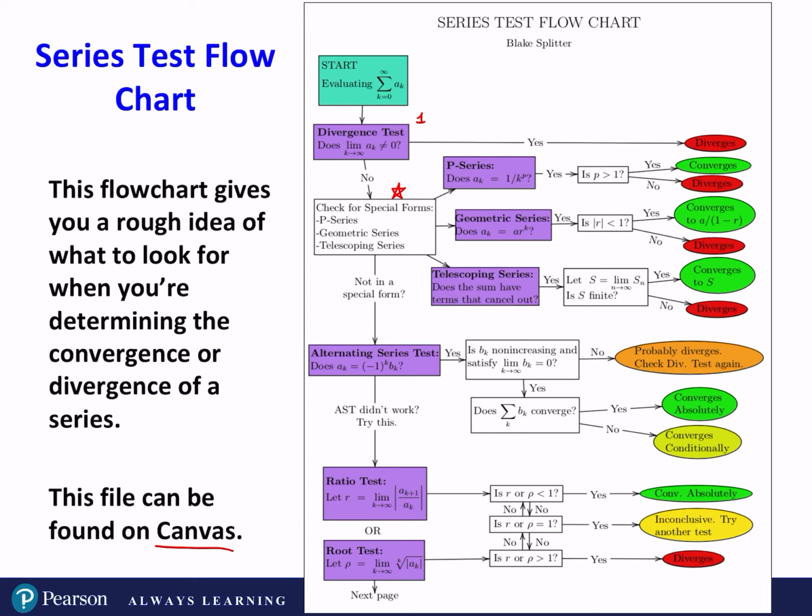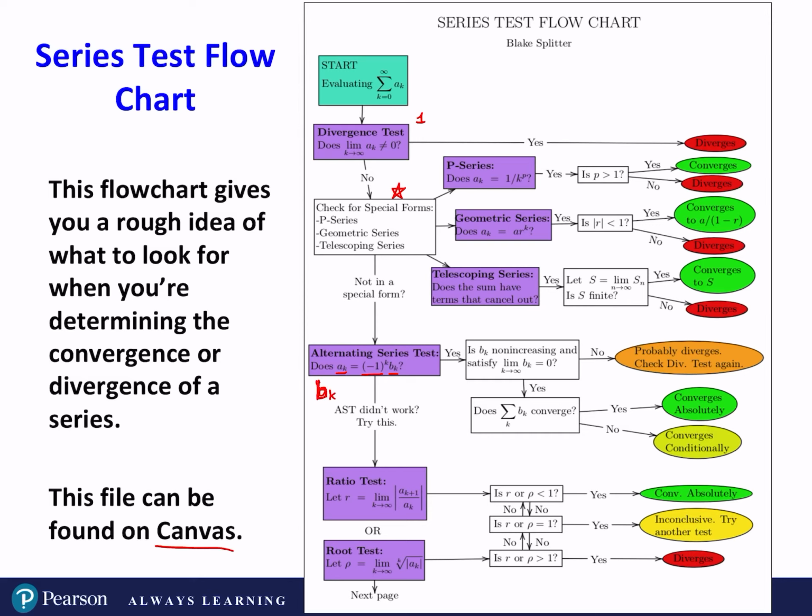Then consider alternating series. In this case, we are going to define a_k to be negative 1 to the k times b_k. So whenever we did the alternating series test, we called a_k everything except for that negative 1 to the k term. In this case, we are going to let that be our b_k.